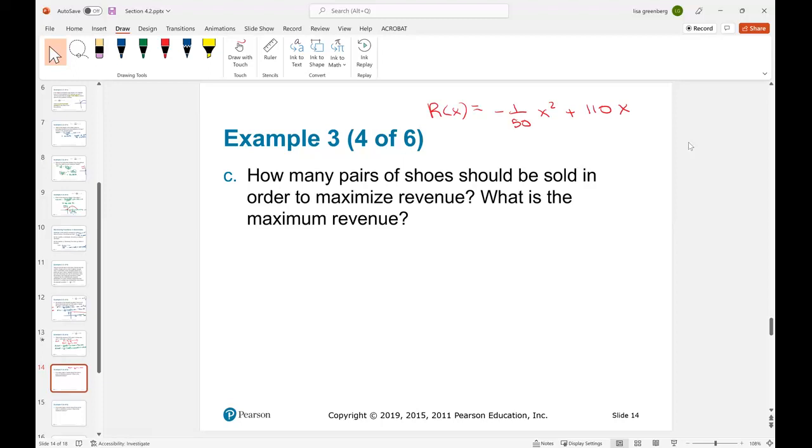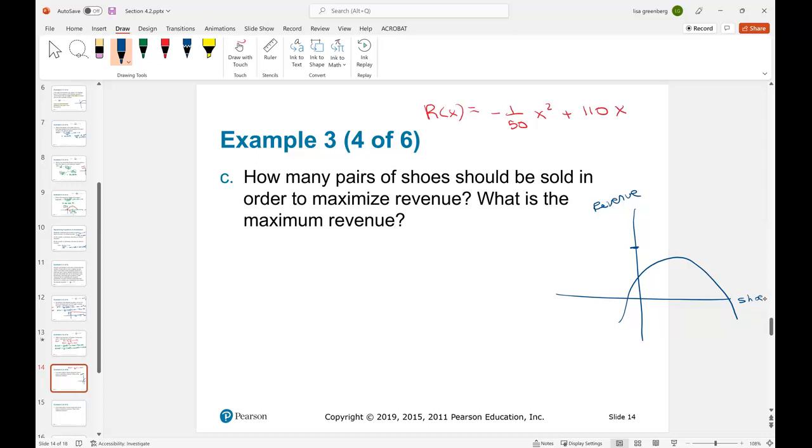So I still need, remember, this is my graph, and it's going to be a parabola opening down. And to maximize revenue, this is revenue, the y-axis, and the x-axis is number of shoes. So again, I need to find what my vertex is.